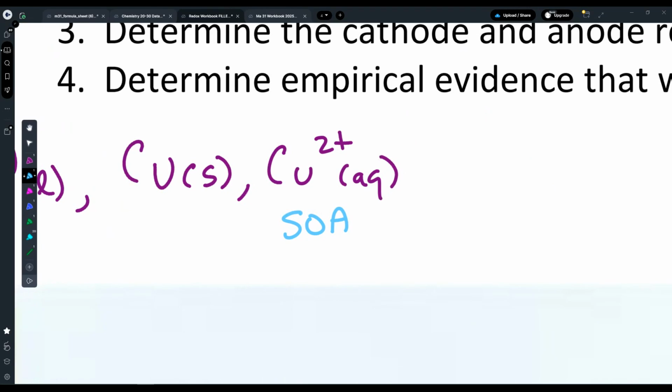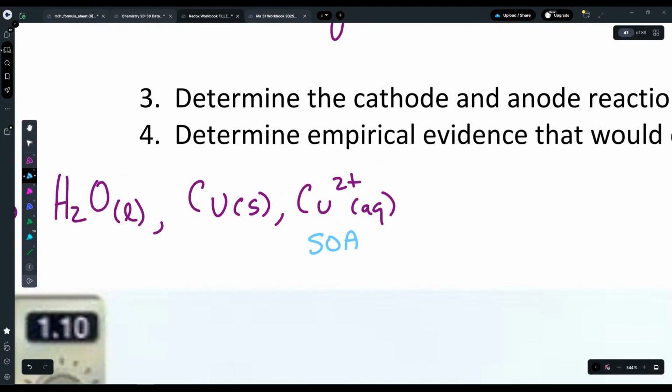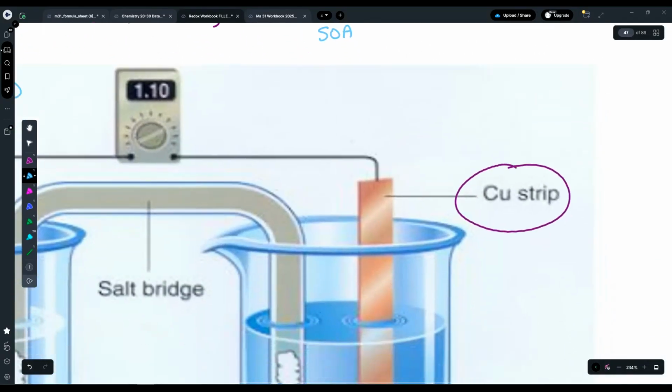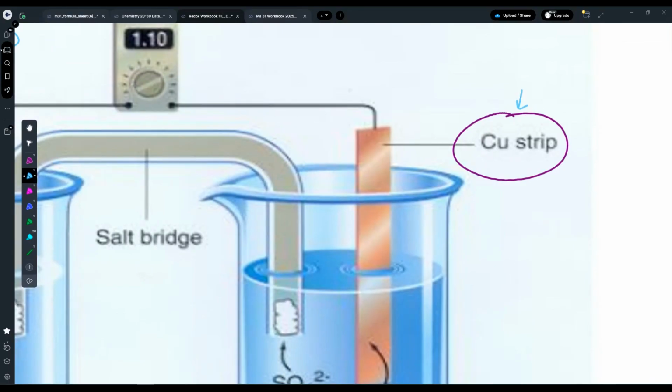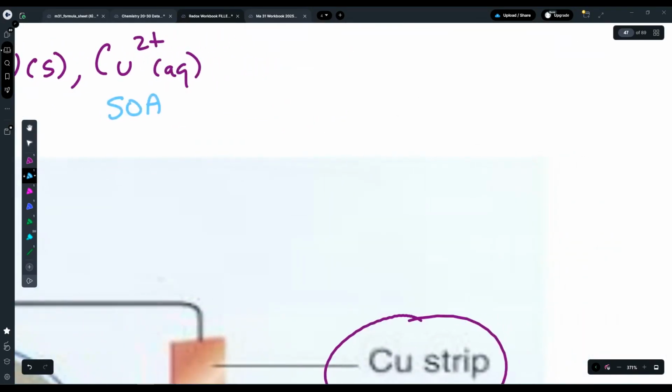Copper 2+, yes, that's the SOA, but where is that going to be hanging out? Copper 2+ is going to be hanging out at the copper strip. So the cathode is the copper strip, because that's the solid version of our copper 2+ ions.